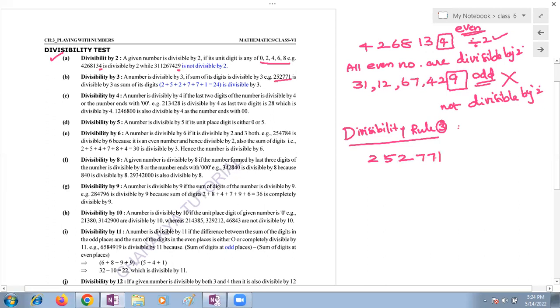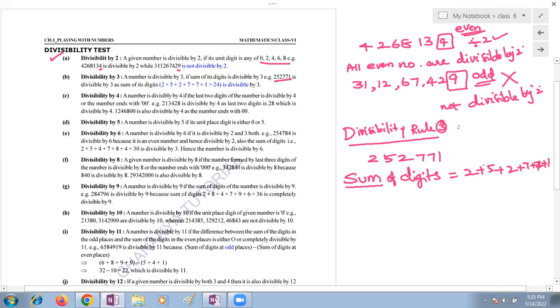We have to find if this is divisible by 3 as the sum of its digits. Riyansh, what is the sum of digits here? Ma'am, 24. Yes, 2 plus 5 plus 2 plus 7 plus 7 plus 1.